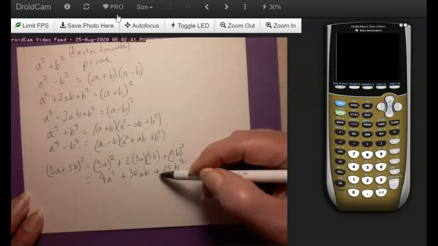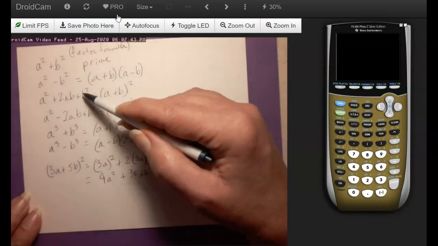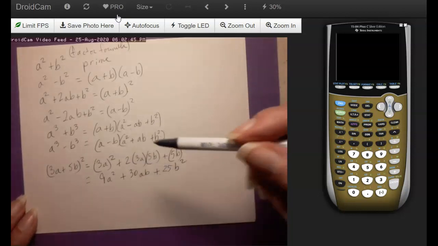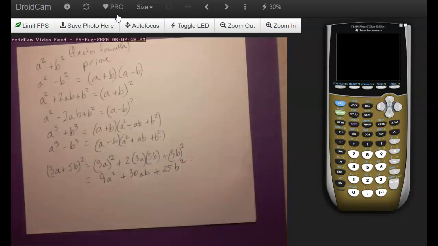And you could have skipped to this step if you understand how the formulas work. So memorize the formulas, I'll ask you for them, and then I'll ask you to be able to use them like this.